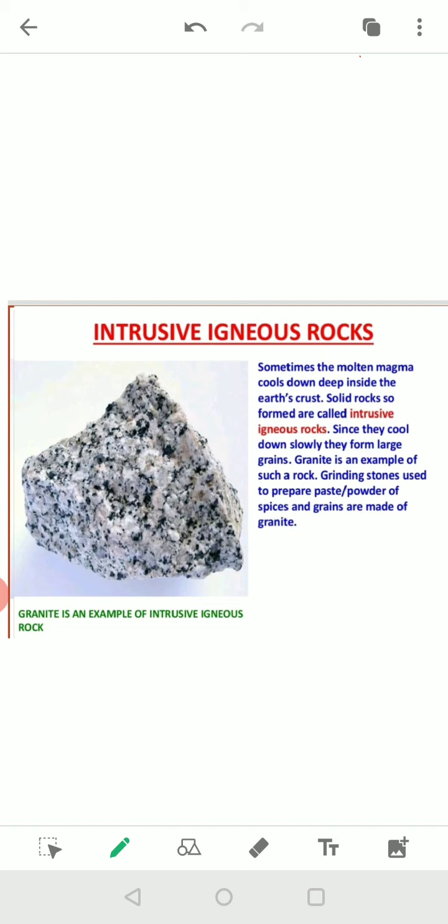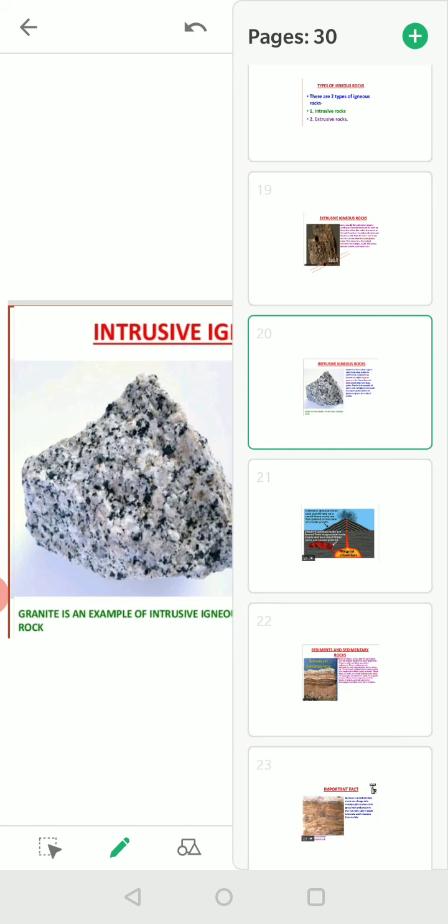That time it forms intrusive igneous rock, because it is inside, that is why it is known as intrusive, and the other was extrusive. Since they cool down slowly, they form large grains. Granite is an example of such a rock. Grinding stones used to prepare paste and powder of spices and grains are made of granite.